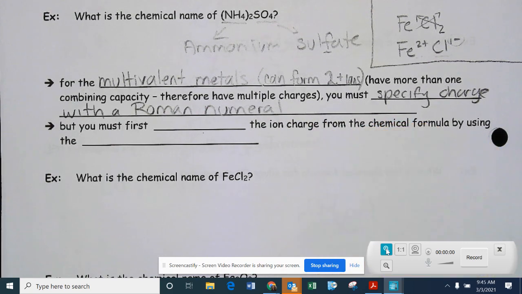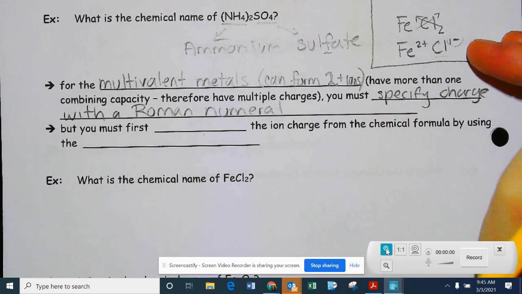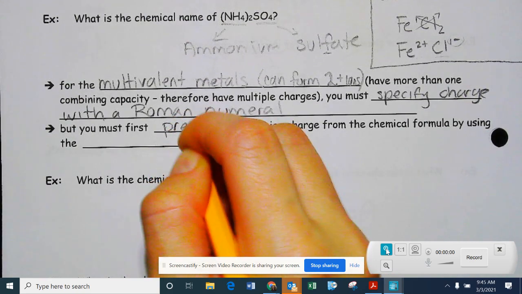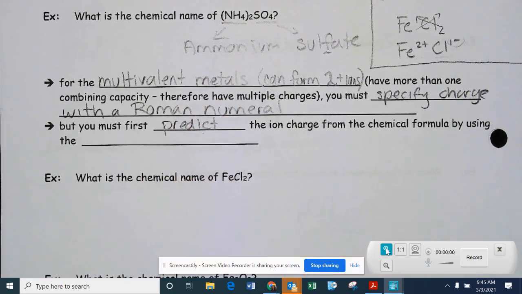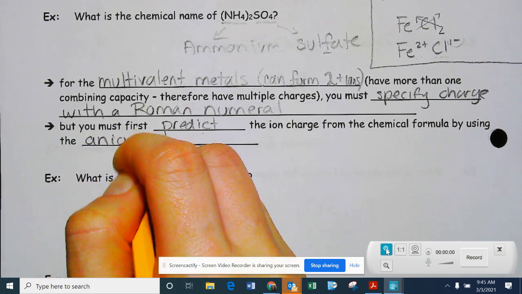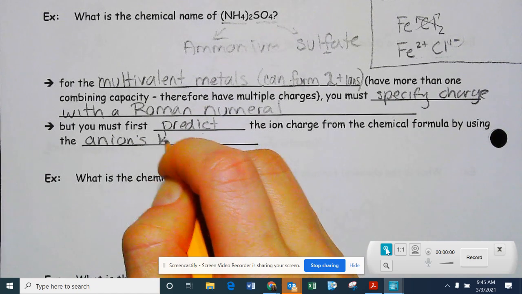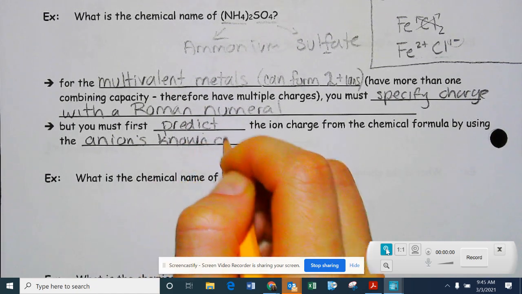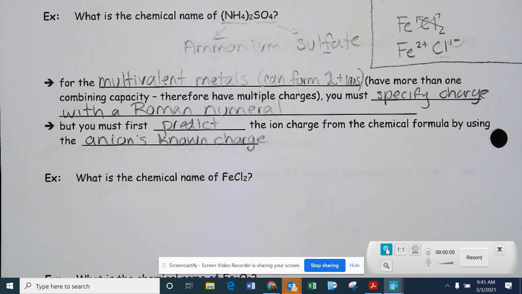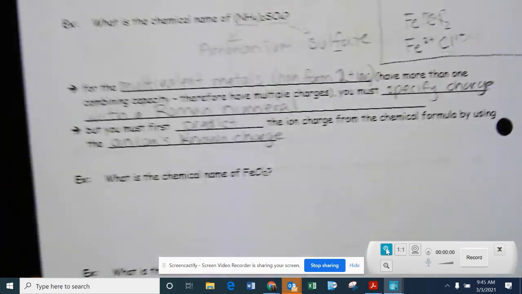Again, as I kind of went over here, you have to first predict what the charge is from the formula using the anion's charge. So you guys are always going to know the charge on anions, on our negative ones. So that's what you're using to predict the positive charge on our cations.